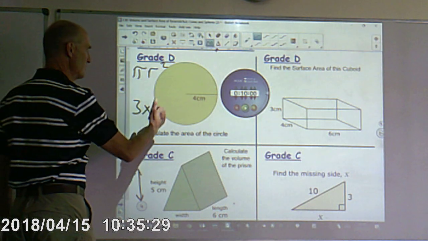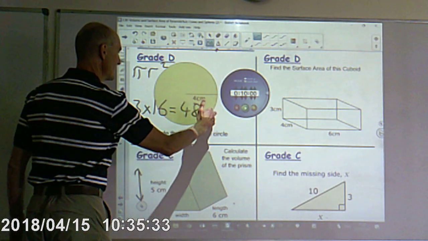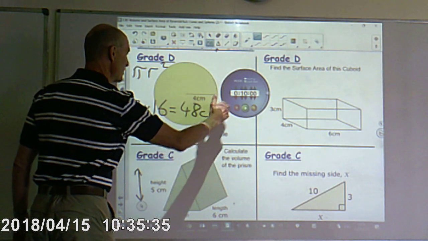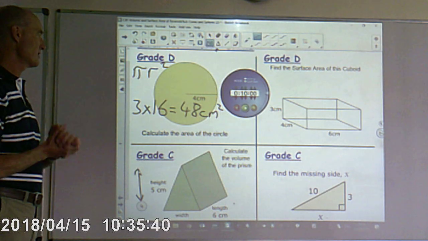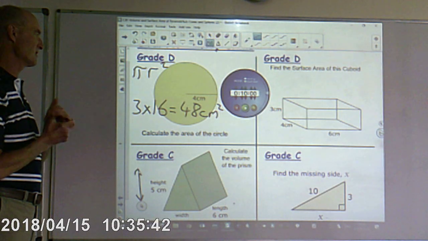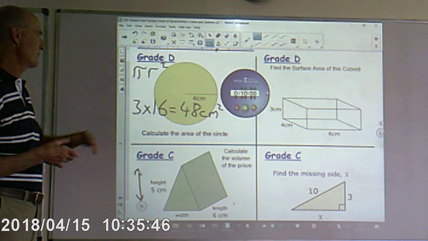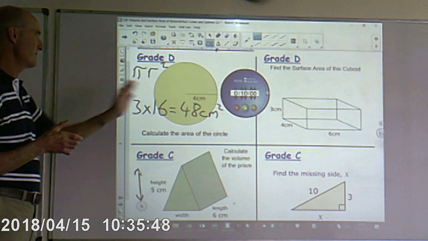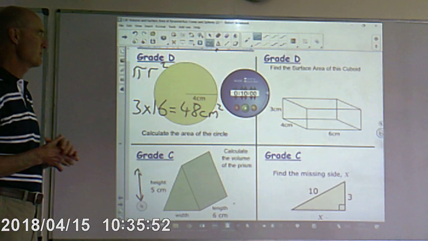It's 16, 3 times 16 equals 48 centimetres squared. I think if you took a more accurate value of pi, you're going to get sort of 50.6, something like that, centimetres squared. Don't worry, if you've just taken the value of pi as being equal to 3, that's fine, it comes out as 48 centimetres squared. The important thing is you being able to remember that formula.